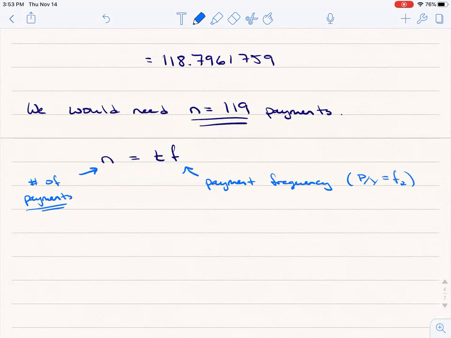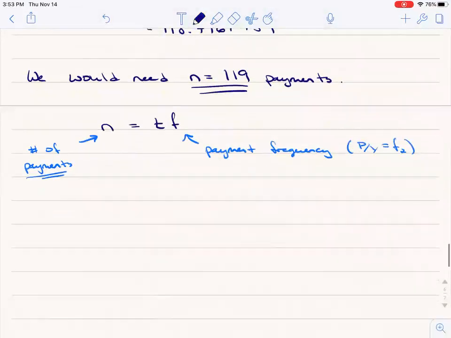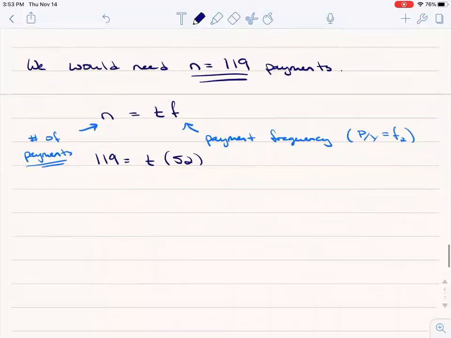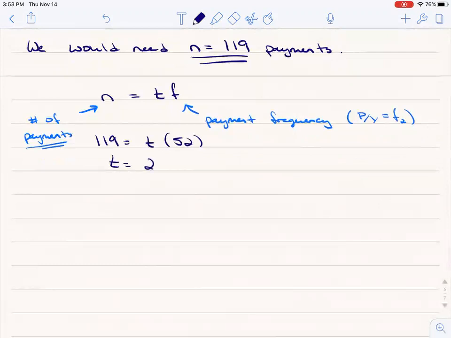So just be careful: if N is in payments, then your F has to be the payment frequency. So we have 119 equals time times the payment frequency, which is 52. Solving for T, we get 119 divided by 52 is 2.28846153 years, because T is always in years.